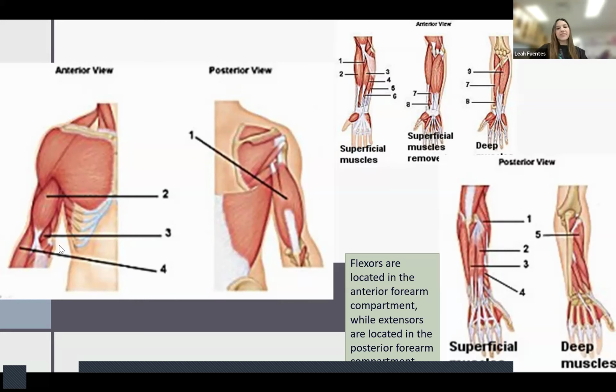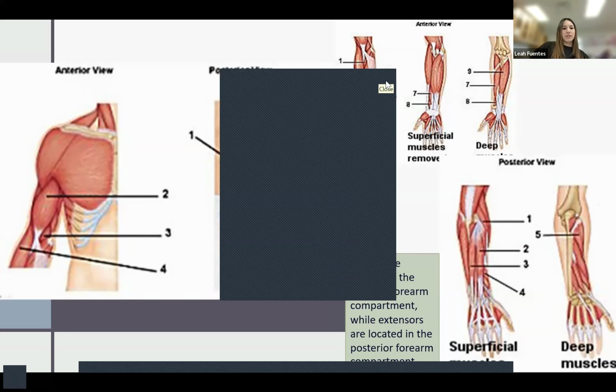And Anconeus. Okay. I'm trying to find, here we are. Okay, so let's move. Is 3 where the elbow is? Yes, that would be where your elbow is.